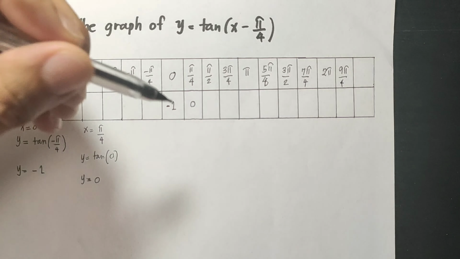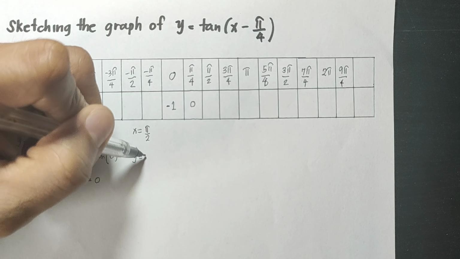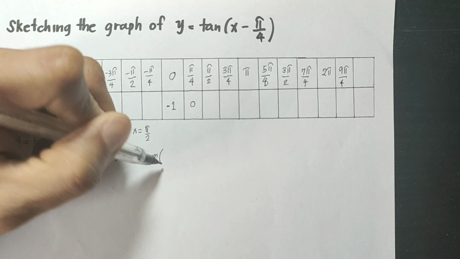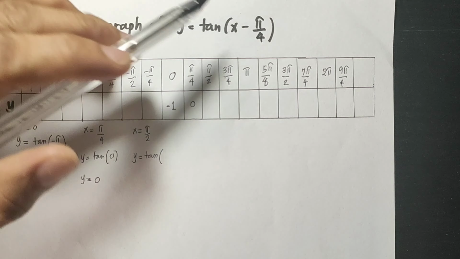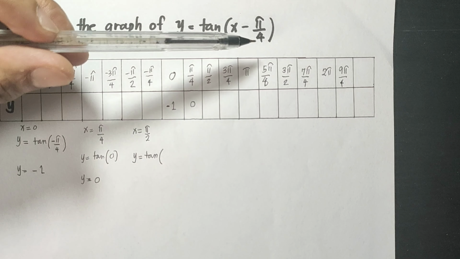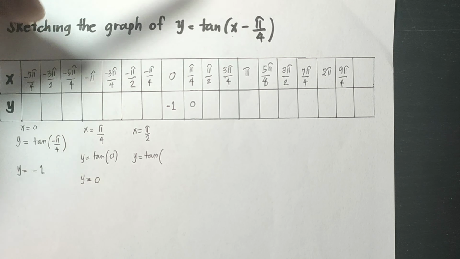For the next one, when x now is pi over 2, we have y equals tangent of pi over 2 minus pi over 4 for the x. So if we subtract pi over 2 minus pi over 4, what will be the answer? That is pi over 4.